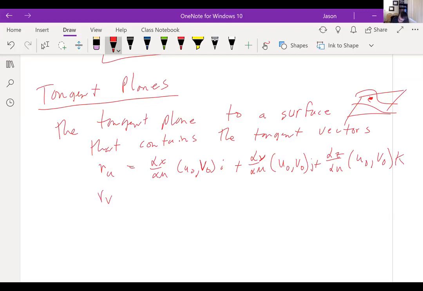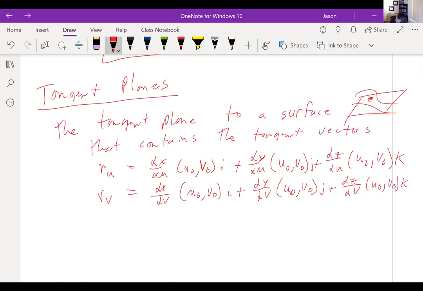r sub v is partial x partial v of u naught i plus partial of y with respect to v of u naught j plus the partial of z with respect to v of u naught k.